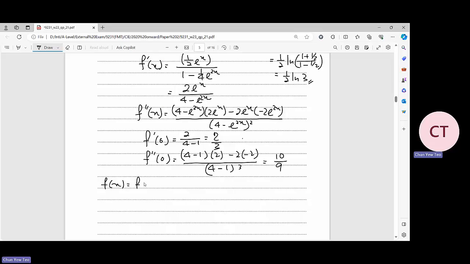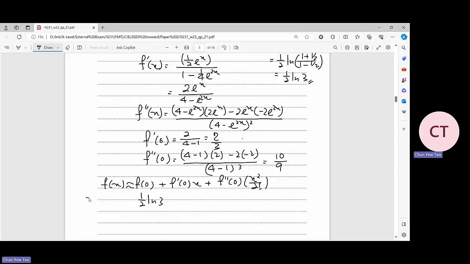f(x) equals f(0) plus f prime(0) x plus f double prime(0) x squared over 2 factorial. Now I will use an approximation sign over here.